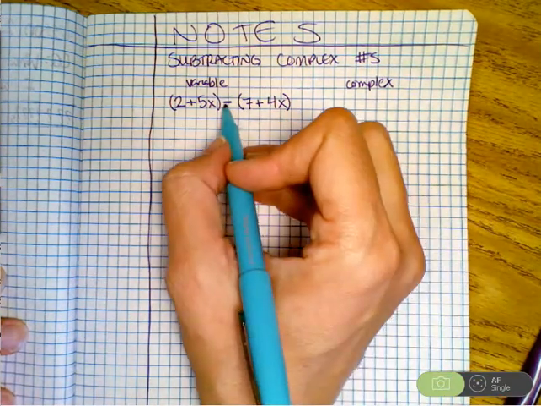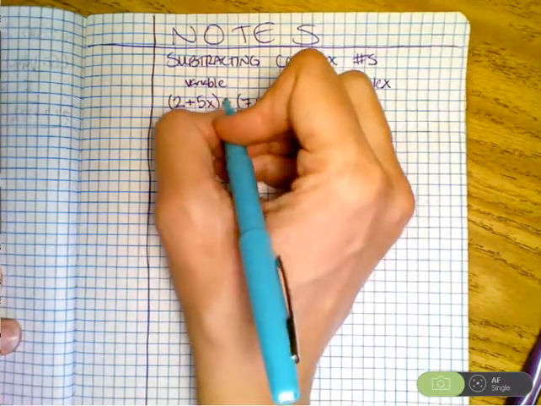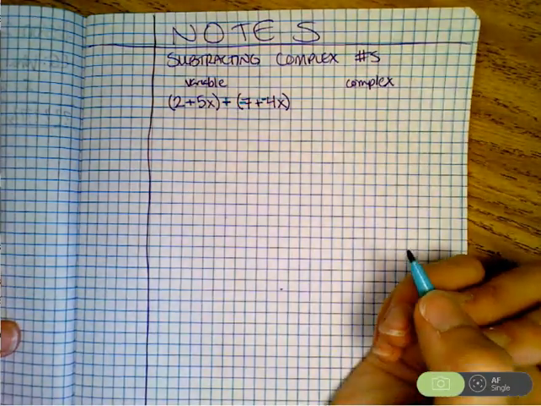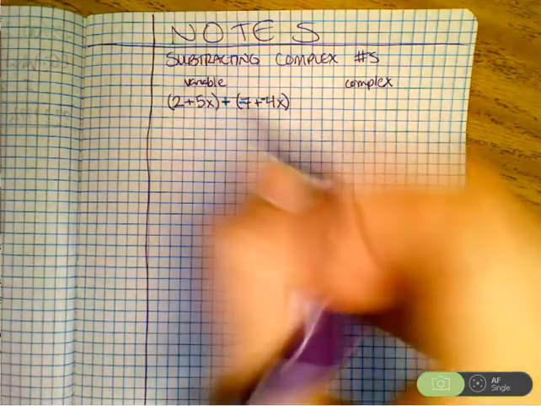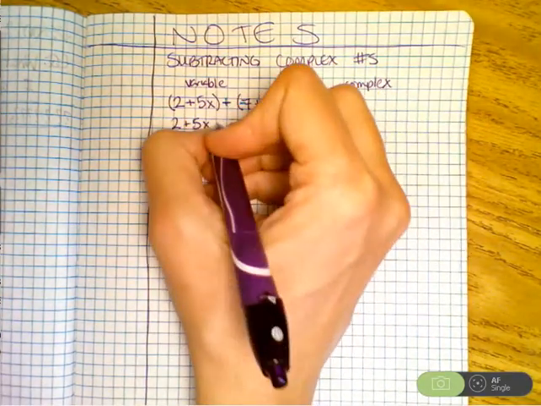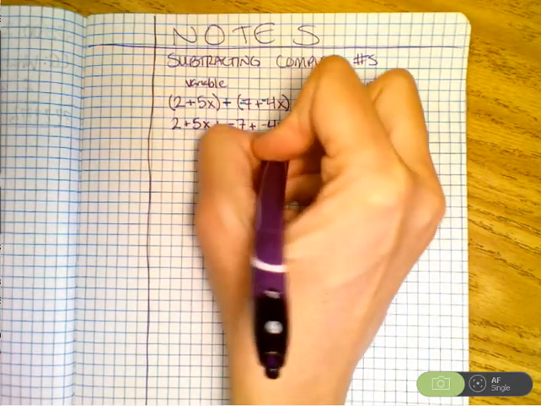So what we do is we change and switch signs. So really this being a subtraction means it's plus negative 7 and plus negative 4x. So I'm just going to rewrite the problem without the parentheses now because I don't need them anymore. 2 plus 5x plus negative 7 plus negative 4x.